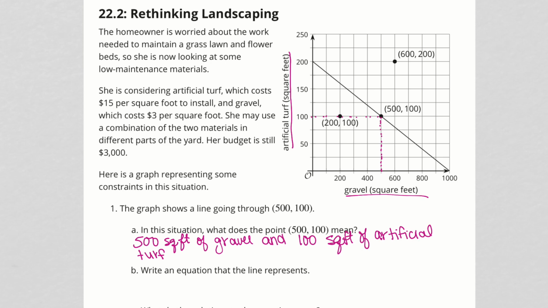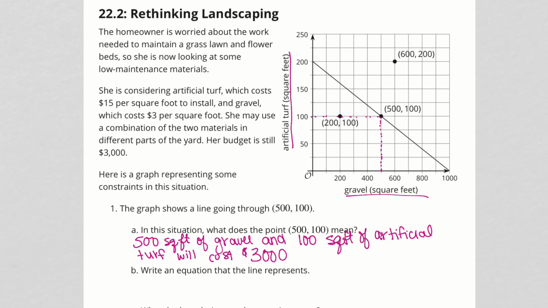That means that she can purchase that much, 500 square feet of gravel and 100 square feet of artificial turf, and that will cost $3,000.